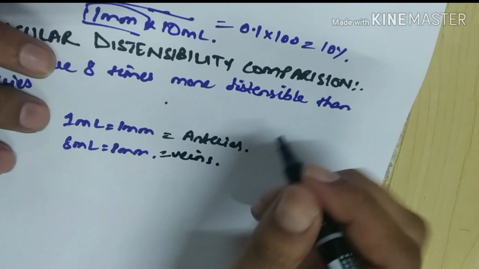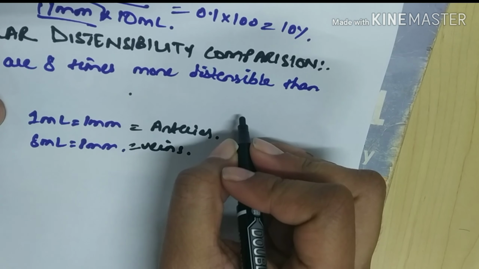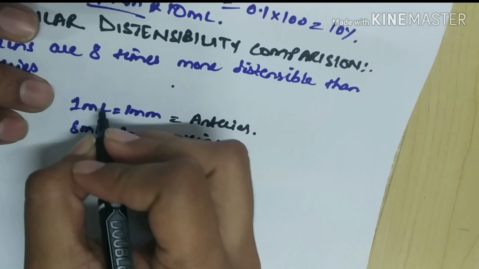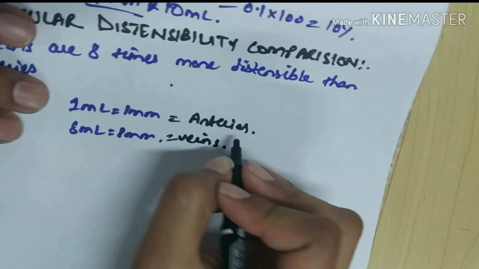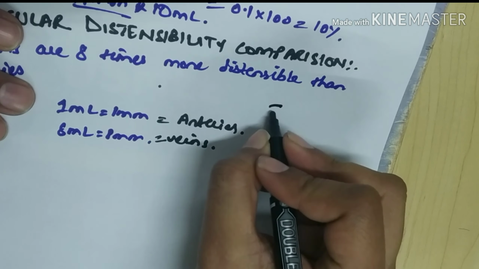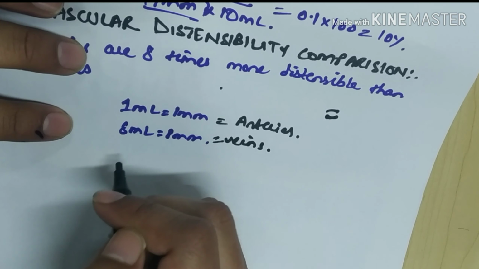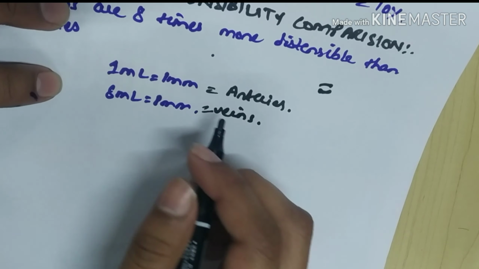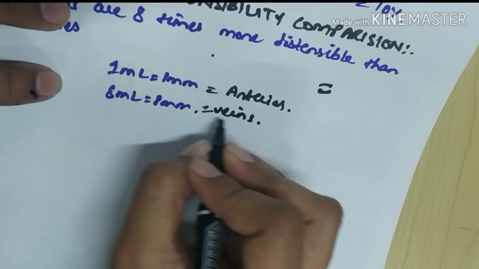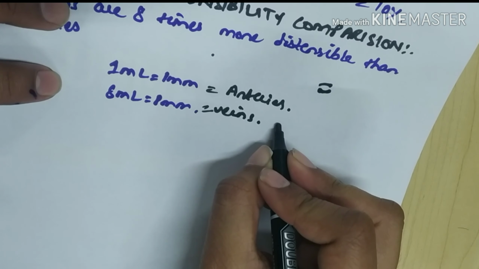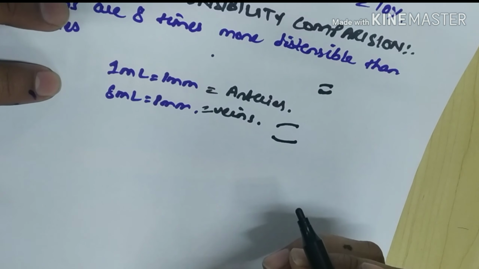So if I increase the pressure by 1 millimeter Hg in arteries, only such an extent of expansion will take place that they can occupy only 1 milliliter of blood, whereas the same increase of 1 millimeter Hg in the veins will occupy around 8 milliliter of blood.